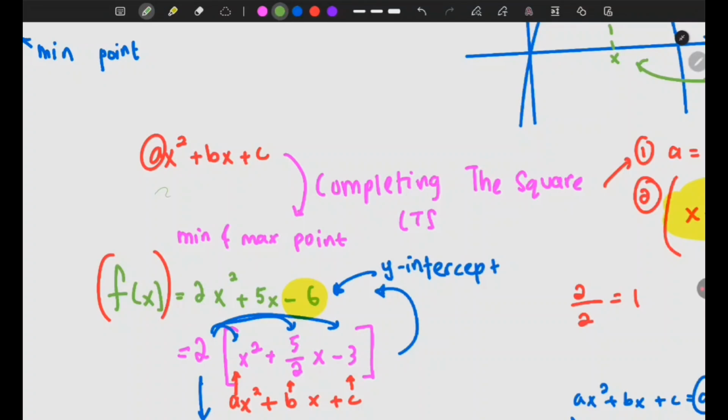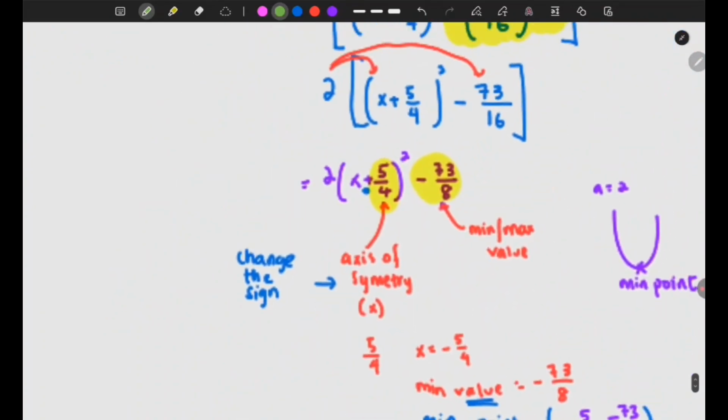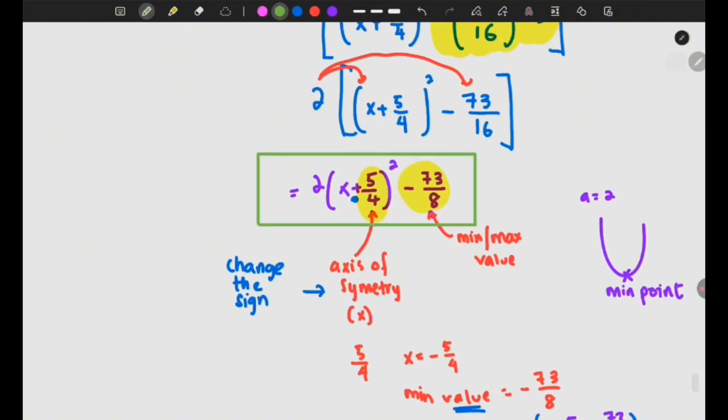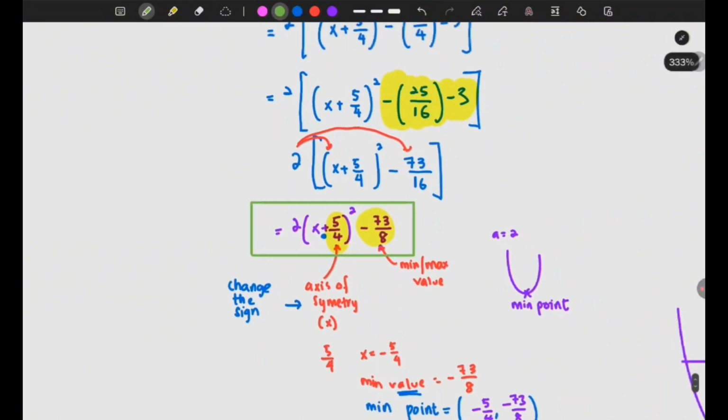This thing is your vertex form. In vertex form you will see your A at the front, and you will see the axis of symmetry, the X, and the Y, which is the minimum or the maximum value. That's what the vertex form looks like.